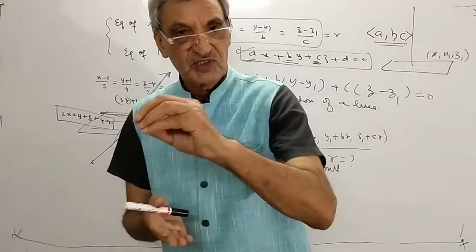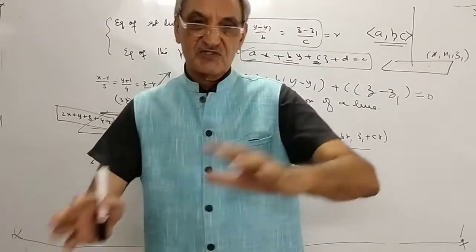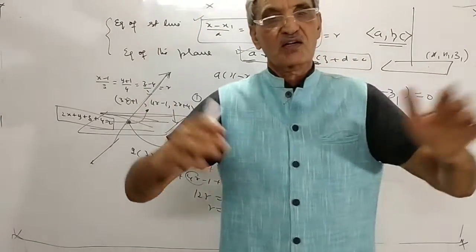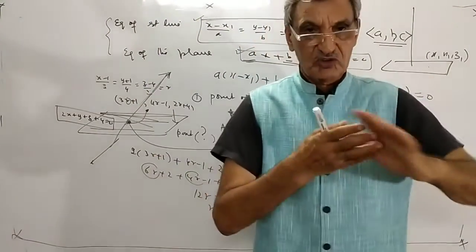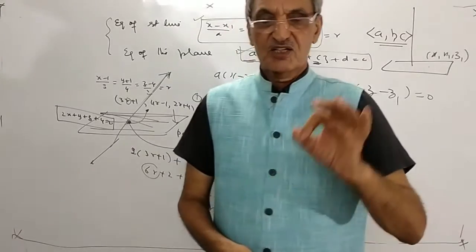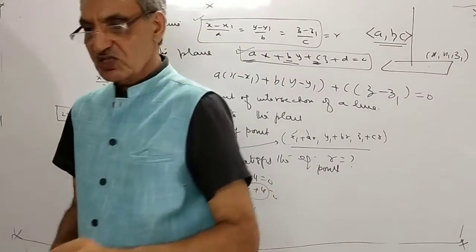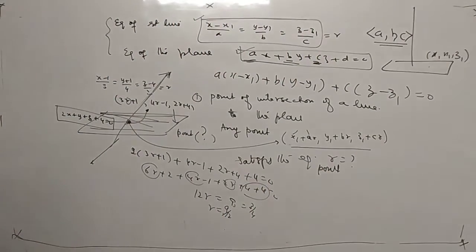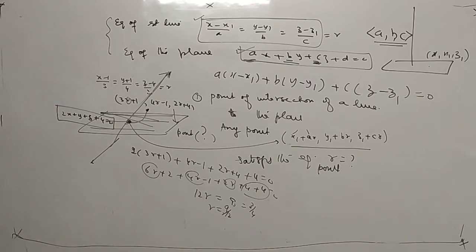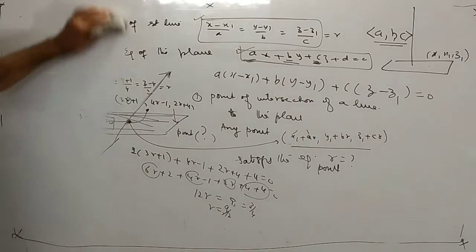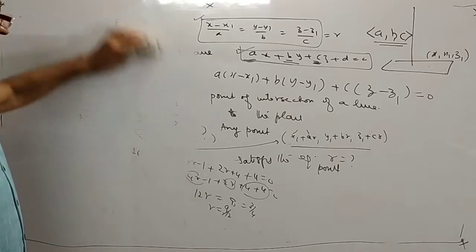Quickly put the values there and see whether they are satisfied or not. If they are not, it is not the answer. If they satisfy both of them, that is your answer. So while you are doing the question in the exam and he has given a point of intersection, you can go with only substitution and verify the answer.